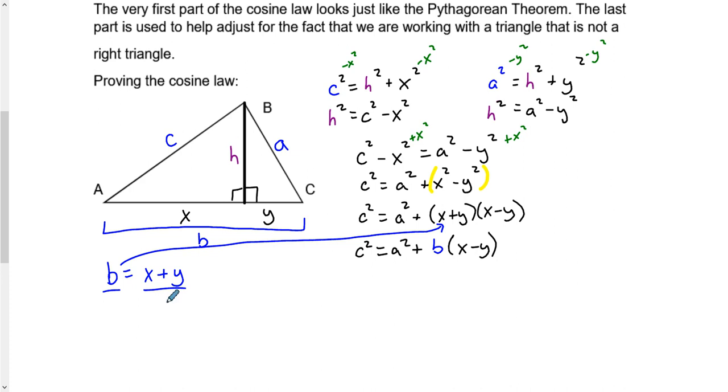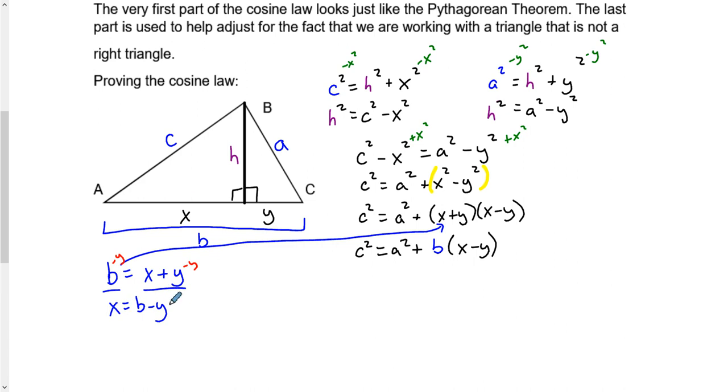Well, what about if we did some more manipulation here? For example, in this equation here, what about if we got the x by itself? So what about if we subtracted the y? So what about if we said that x is b subtract y?